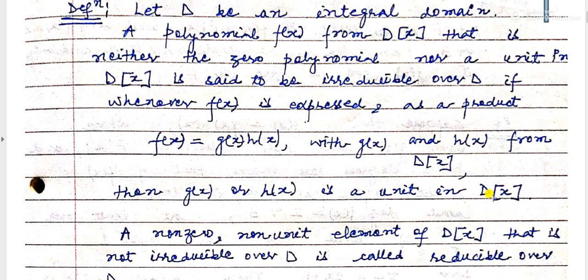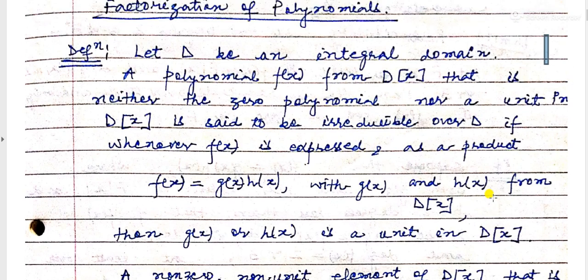You have to understand this definition very clearly, otherwise you will have problems in doing questions. So we are given a polynomial, and if it is a non-zero non-unit polynomial, non-unit meaning its inverse doesn't exist, and it is written as a product of two polynomials, then one of those two polynomials has to be a unit.